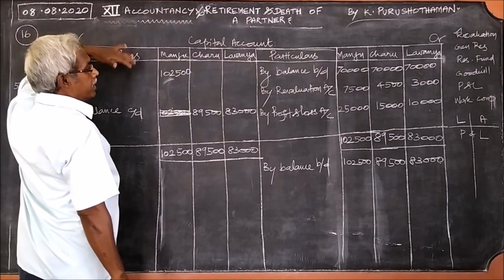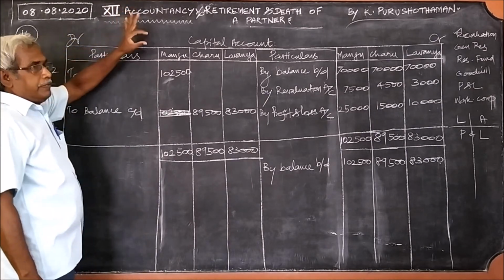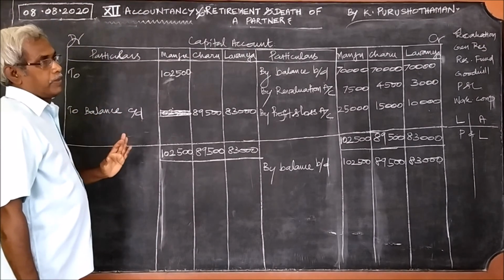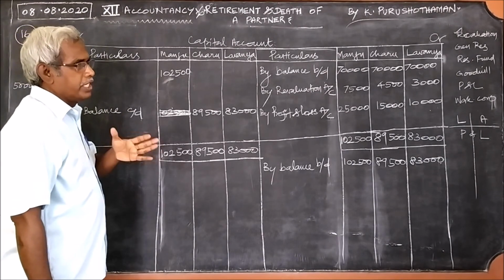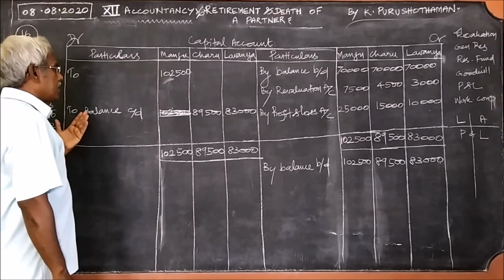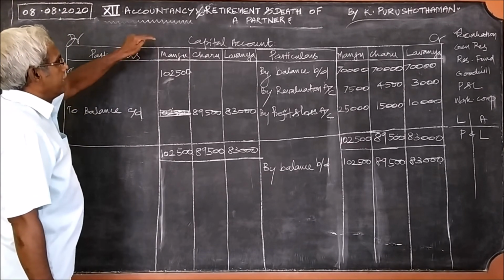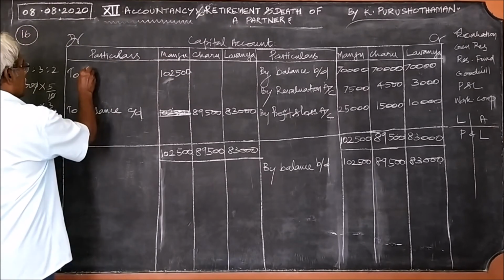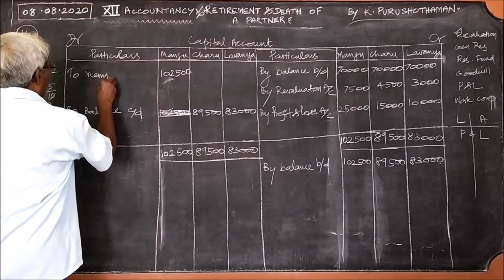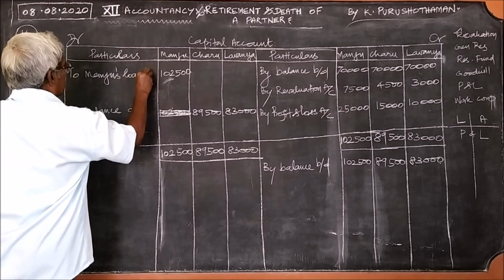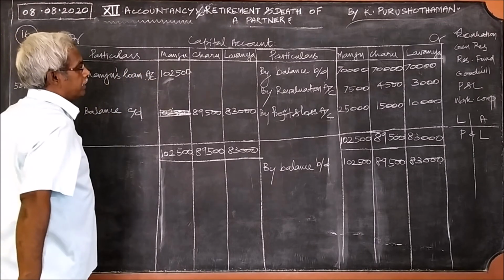If the retiring partner is paid off immediately, if there is an instruction like that, you can write to bank account. But here no such instruction is given. When there is no instruction, it should be treated as a loan given by the retiring partner Manju to the business. So it is Manju's loan account. You should show like that.